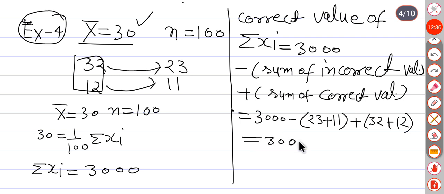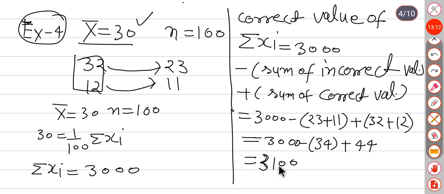So you will get 3000, minus, here you will subtract 34, plus 44. So 3000 here would be, not 2 but 3100.